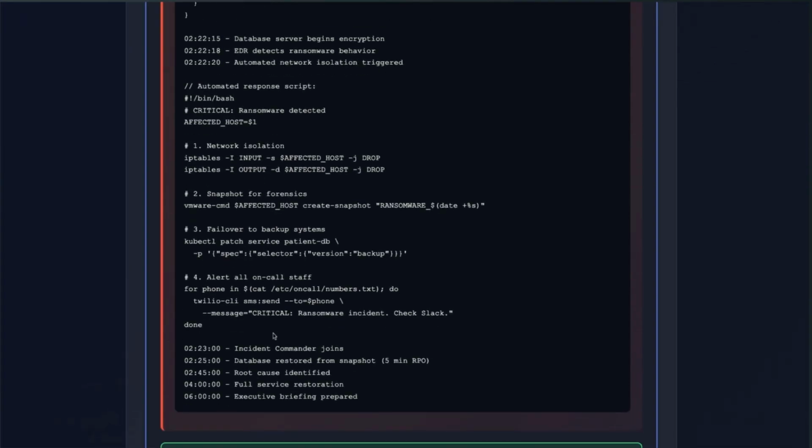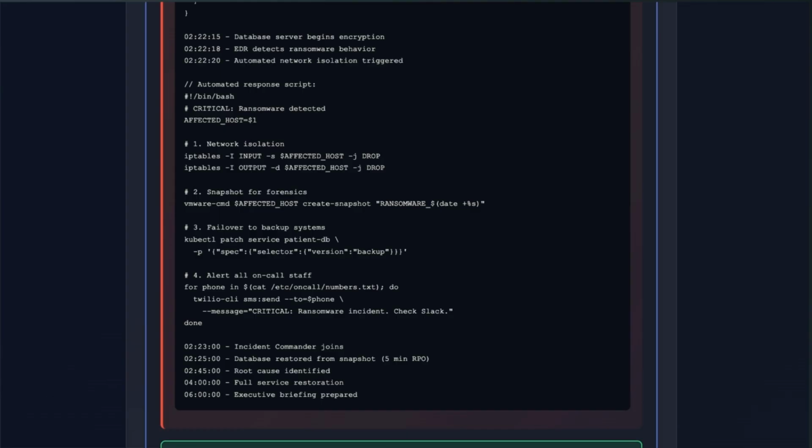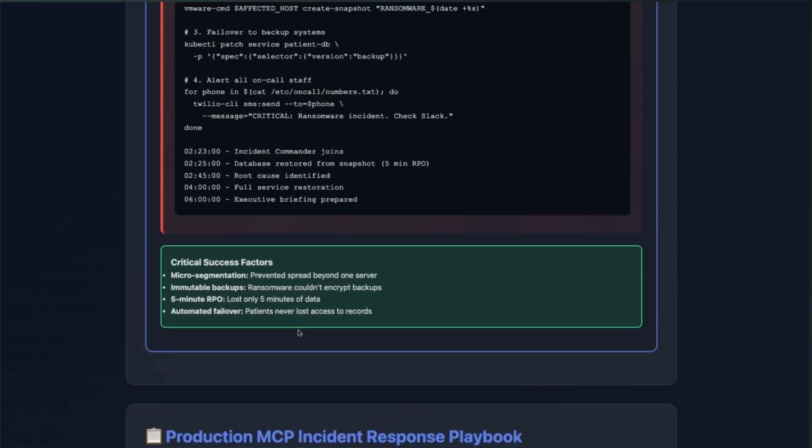Network isolation and workstation isolation would be triggered. So one more perspective on why I'm telling this: on your node or your host, ensure that you deploy an EDR system wherever that MCP server is going to run.